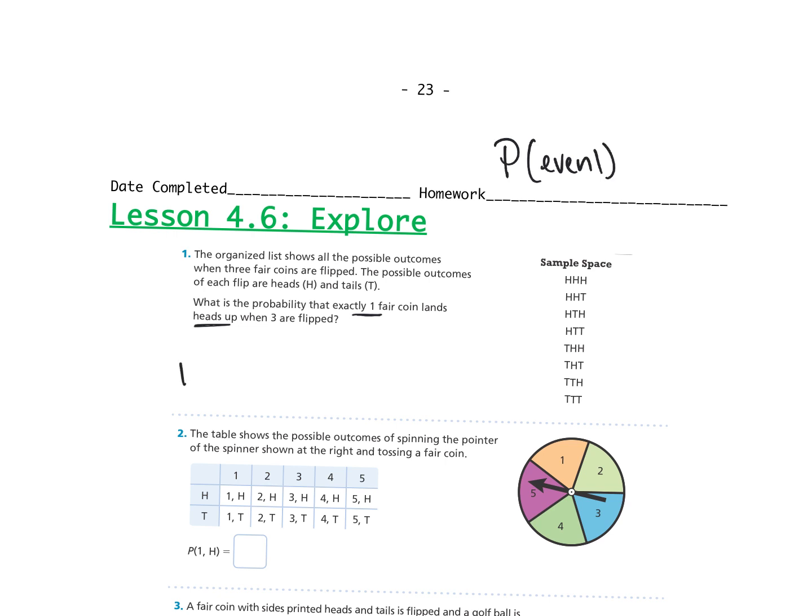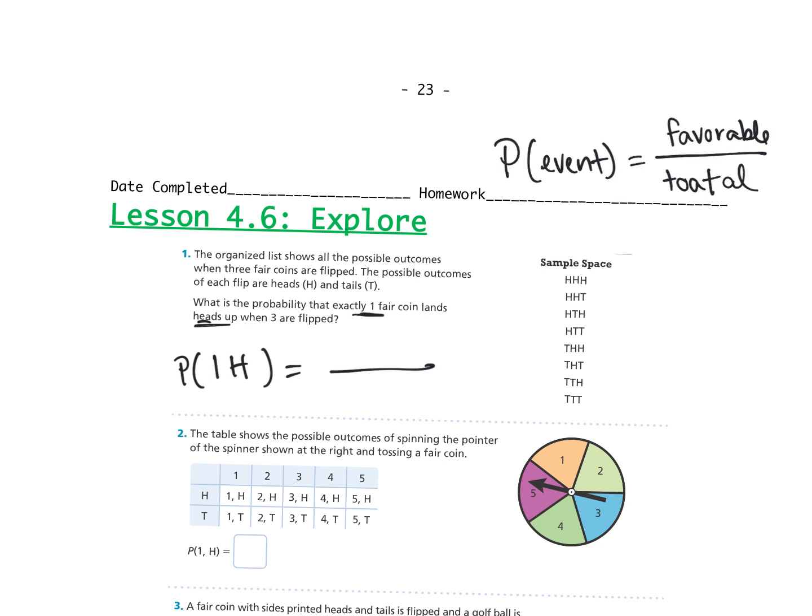In this case, our probability would be what? And again, it says you want 1 heads. So we're going to say 1 heads. And then you're going to have to figure out what that is as a fraction. But you're probably whatever event you want. And it's going to be your favorable outcome over your total outcomes.